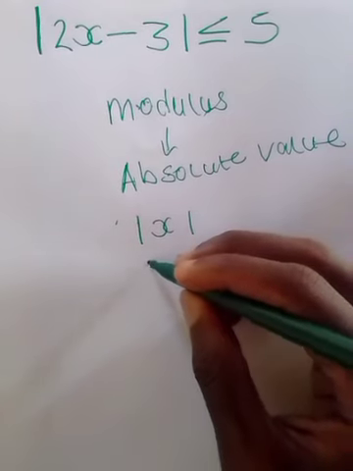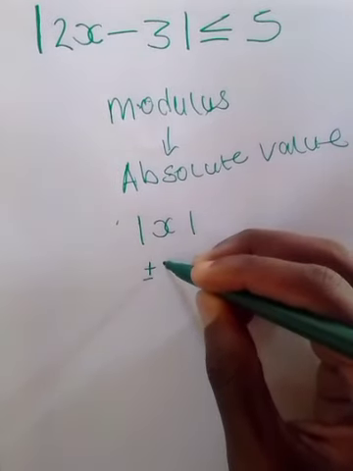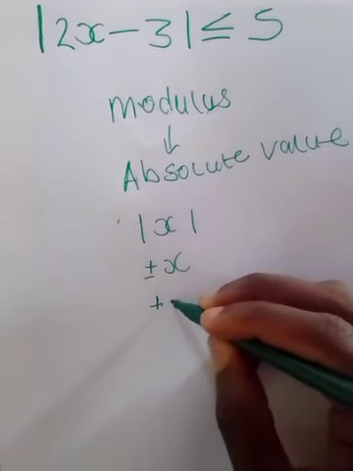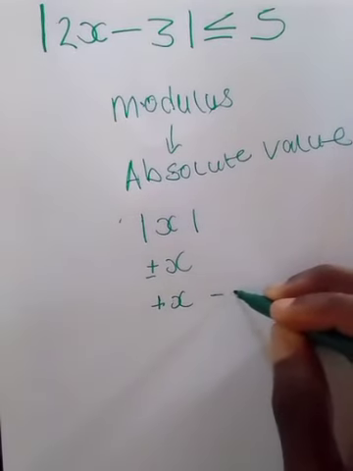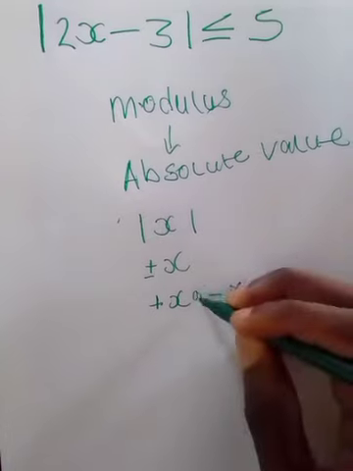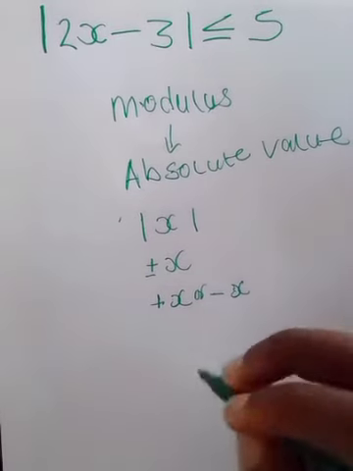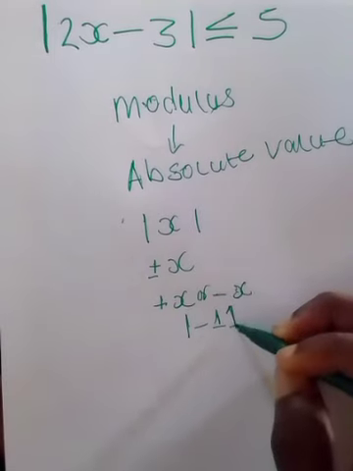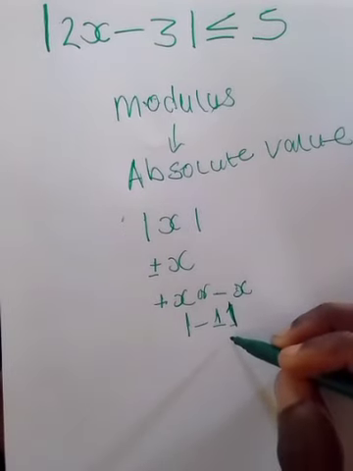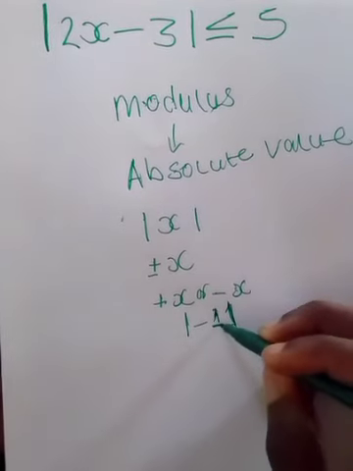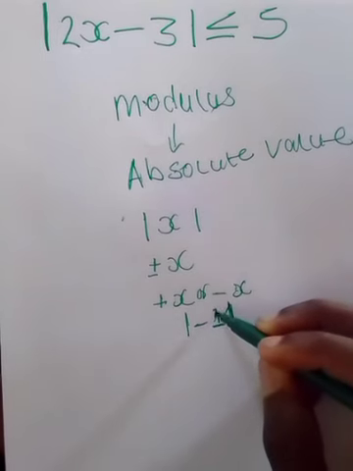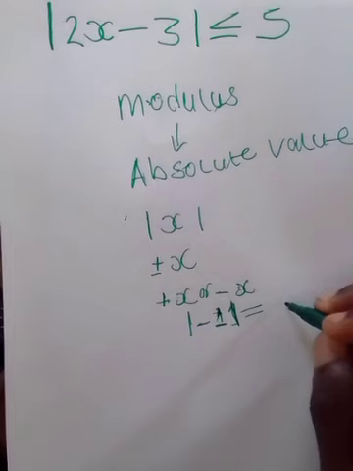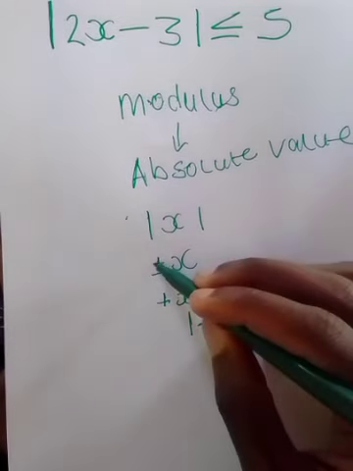It is the same as having plus or minus x, meaning that x can be positive or it can be negative. For example, if they give you the modulus of negative 1 and tell you to find the answer, you'll get positive 1, because of the presence of this negative.